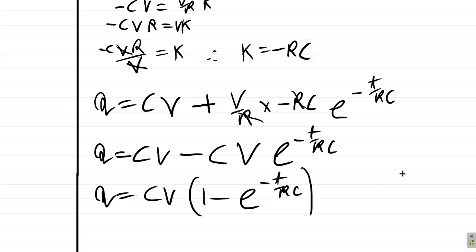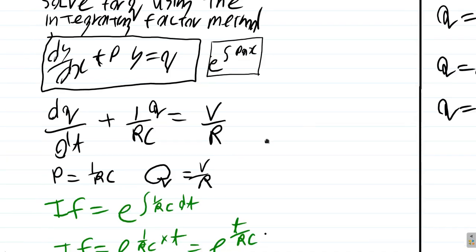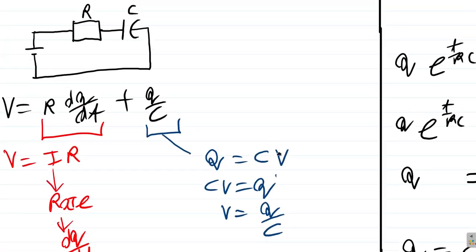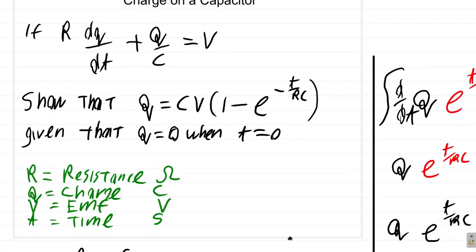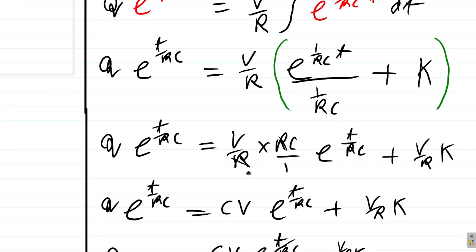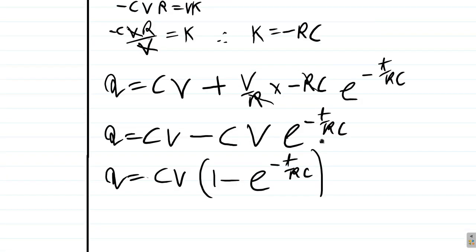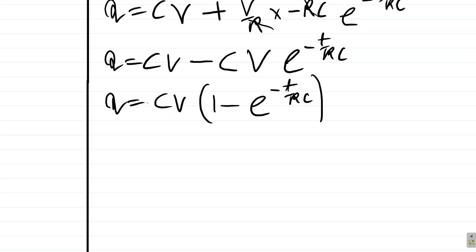Okay, so is that what we had before? That you should show Q equals CV, 1 minus e to the negative t over RC. Right, good. So here you can write shown. Alright. So that will be it for now.